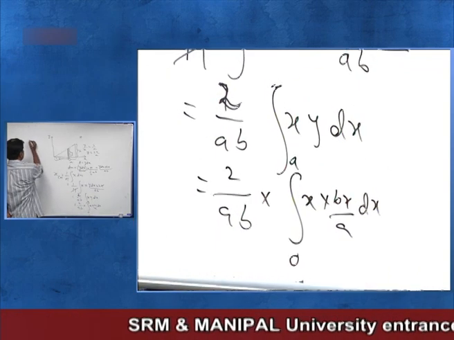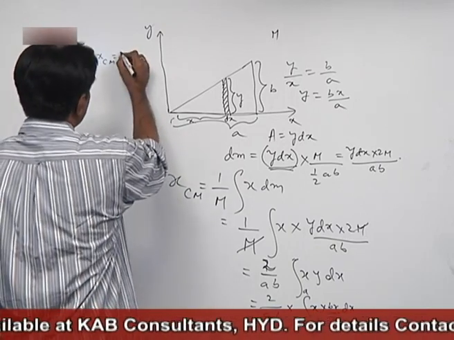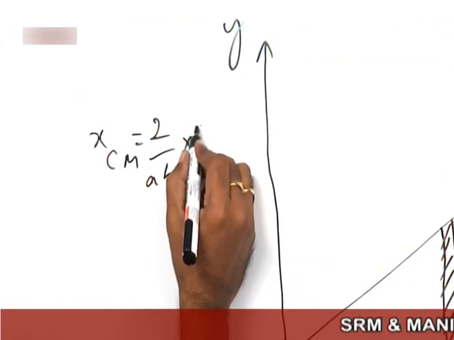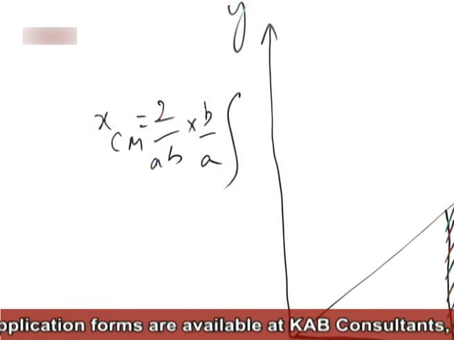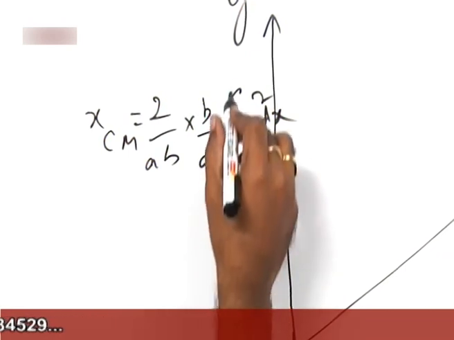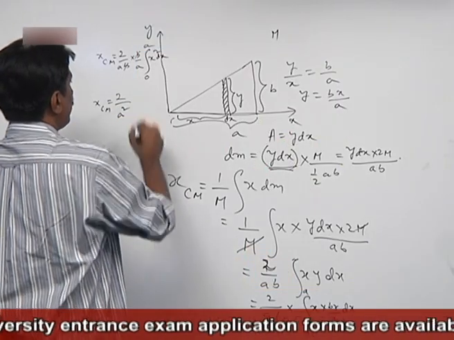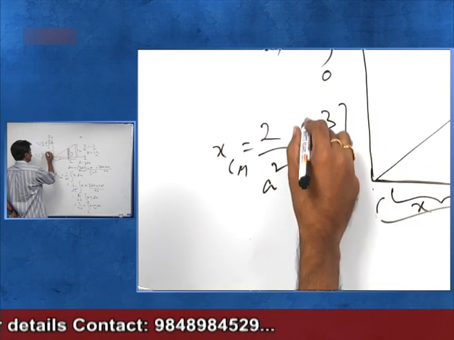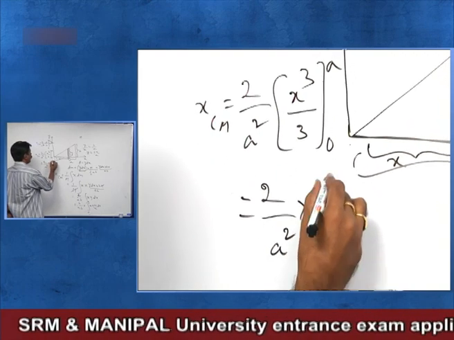Now xcm will be equal to 2 by AB into B by A, which comes out, into integral x square dx from 0 to A. So xcm is equal to, B cancels, 2 by A square, integral of x square dx is x cube by 3, limits from 0 to A. That would be equal to 2 by A square into A cube by 3.